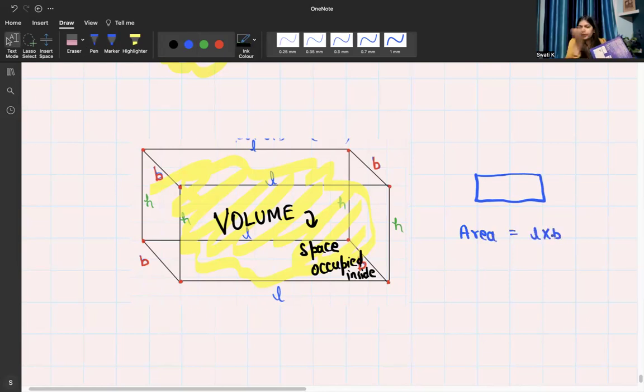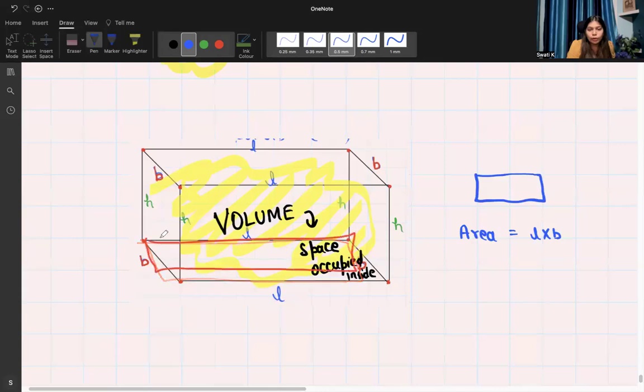But such L into B, we are arranging for how many times? You can see a height that we are getting. So it's like, if I use the vanishing pen, one rectangle, another rectangle on top of it, another rectangle, another rectangle, another rectangle. How many such rectangles? H such rectangles, right? So what are you going to do?